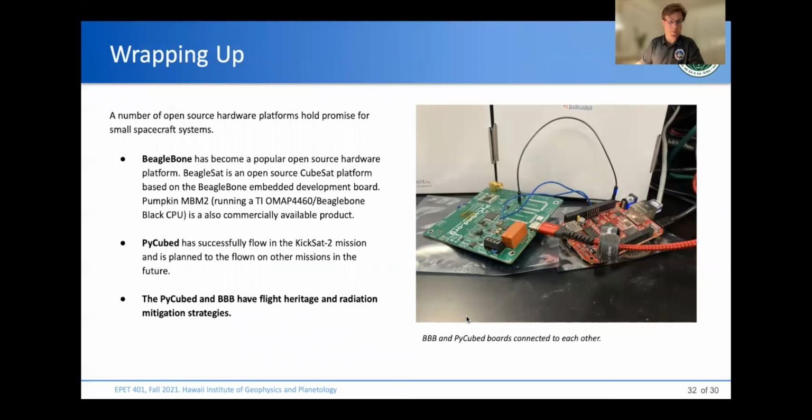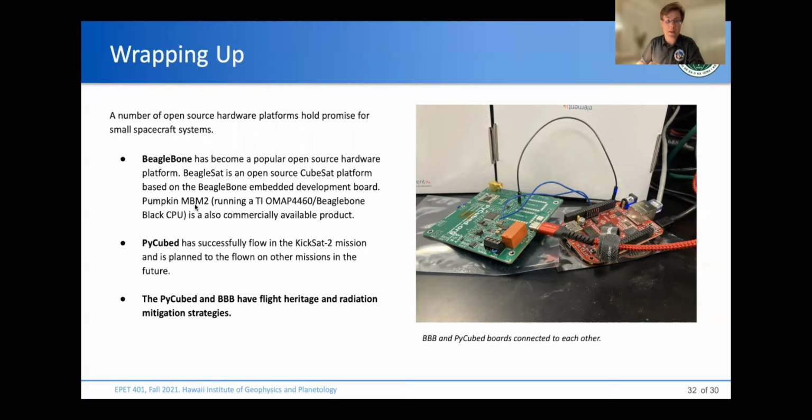So wrapping up, we have a number of open source hardware platforms that have started to hold promise to fly in space. Of particular interest to us is the BeagleBone. This has become quite popular, even among the robotics communities and amateur embedded developers communities. The BeagleSat is an open source CubeSat platform that uses the BeagleBone, so that's an example of a project using that.